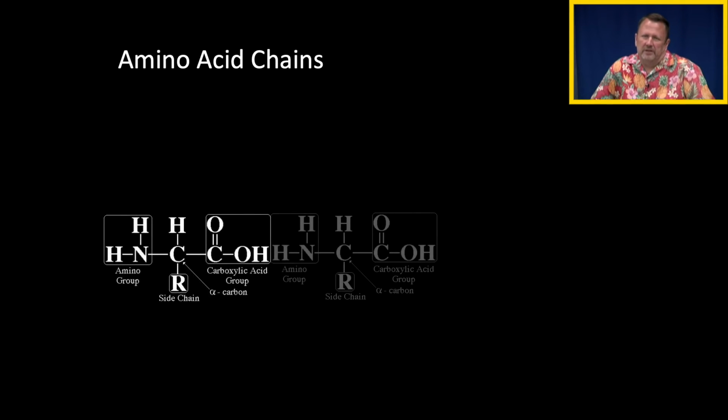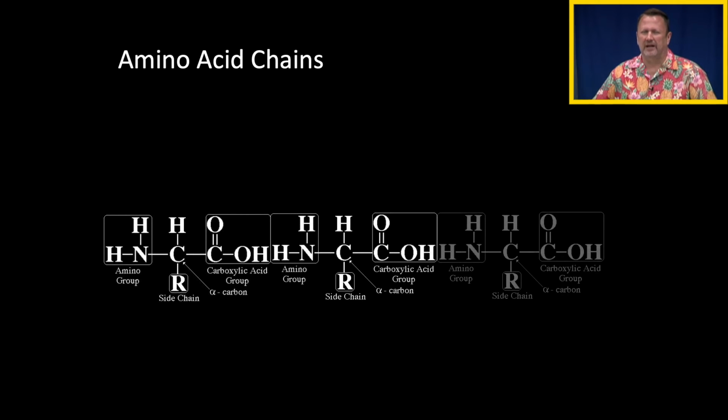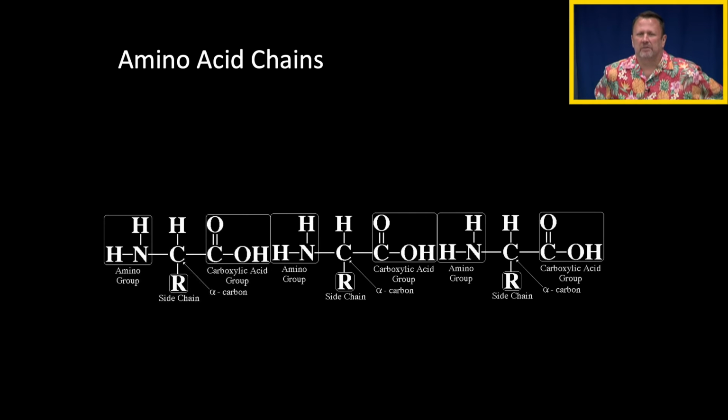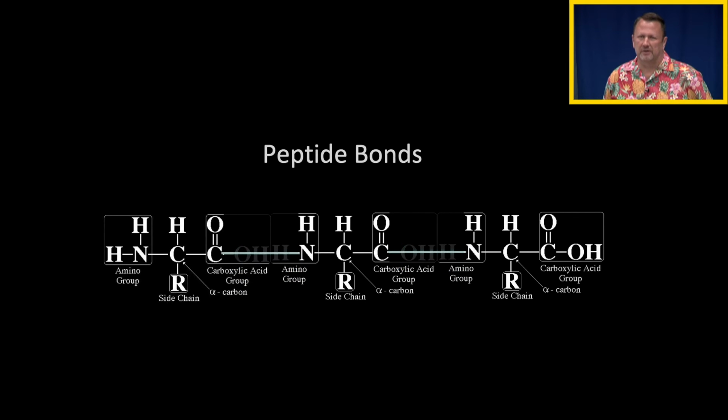All right, well, if we take these amino acids and we put them into chains, notice the carboxylic acid group of one is lined up with the nitrogen, the amino group of the next amino acid. And what I wanted to point out is those little water molecules that are going to disappear when the reaction occurs. And so when a peptide bond forms, the water molecule is removed from it.